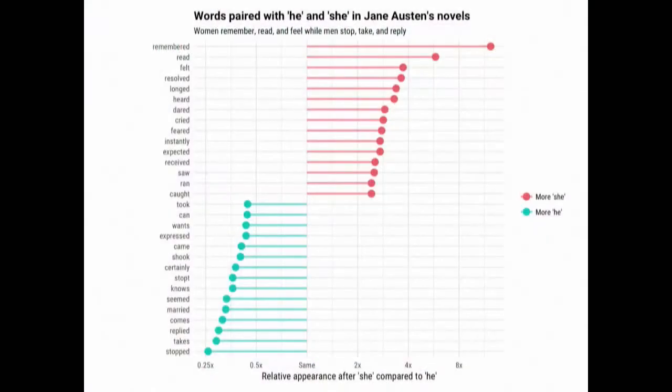One way that I recently did this was by looking at n-grams that have a combination of the pronouns she and he, and then whatever word comes after this. This allows us to get at how does the text treat gender? So this is, again, just looking at Jane Austen's novels.